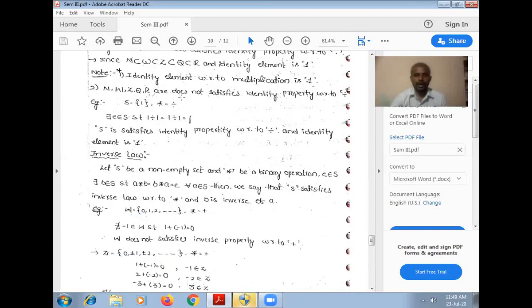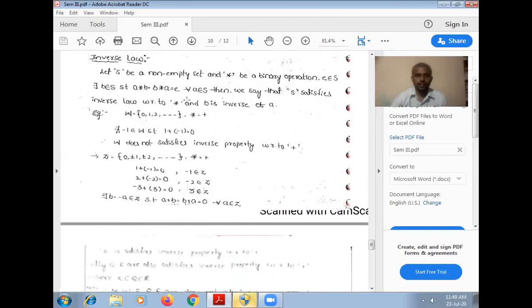So another law, inverse law. The inverse law is related to the identity law. So first of all, listen here. Definition of inverse law is: let S be a non-empty set and star be a binary operation.